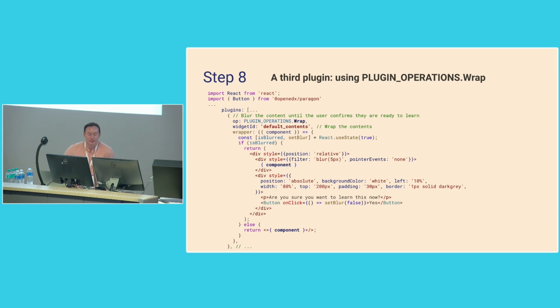So in this case, if you had two plugins that are both wrapping the default contents, it would be the order that you define them in the env-config JSX file that determines which is the inner plugin and which is the outer plugin. So the priority is not necessary because it's more about the order that you put them in the config file. Whichever one you put first will wrap the default contents, and then whichever one you put second will get that wrapped default contents as the component and can wrap it a final time. Does that make sense? Yes, thank you.